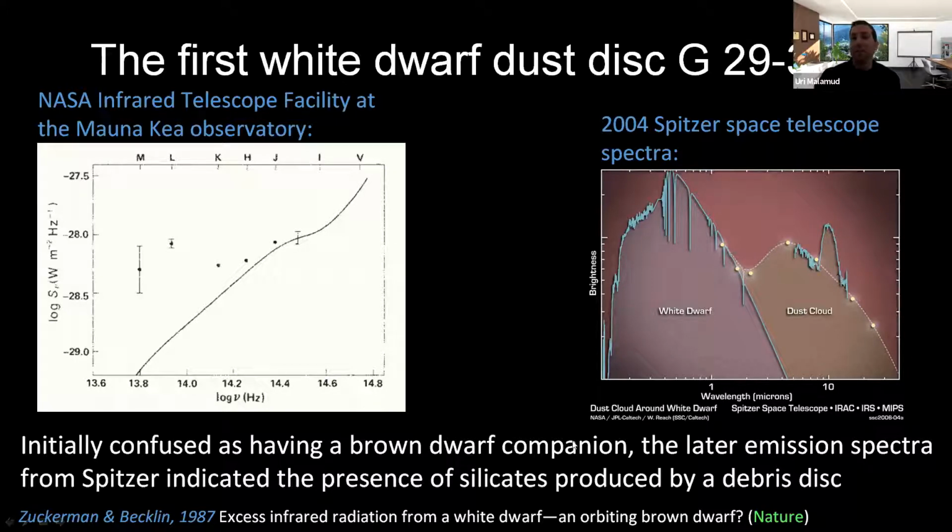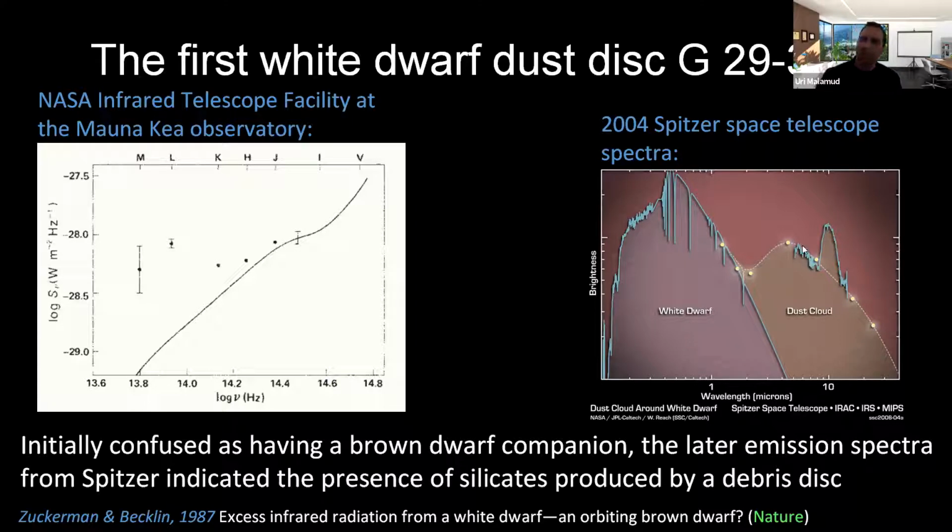Initially, the authors of this paper thought that this was a brown dwarf, which is a failed star, and it had to be very, very close to the white dwarf in order to produce this signal. But in retrospect, we know that this wasn't a brown dwarf. Later spectroscopic observations revealed that this material has to be dusty.